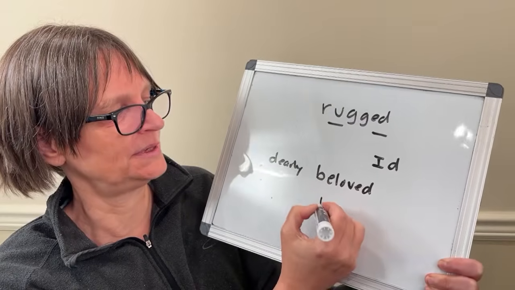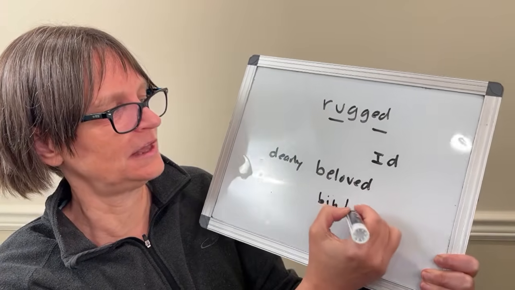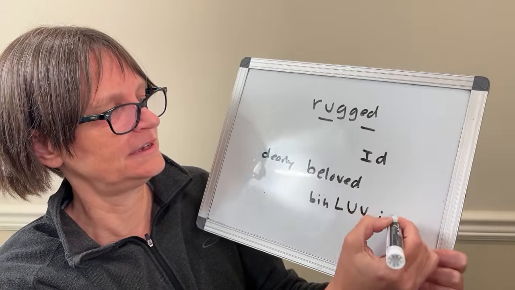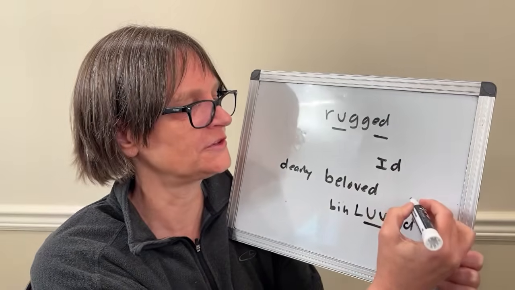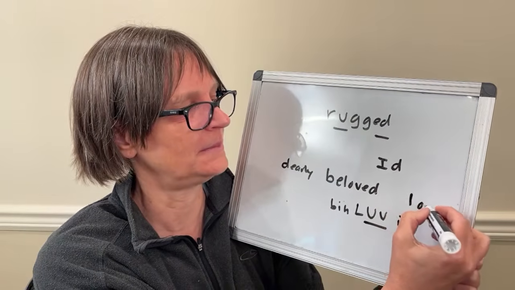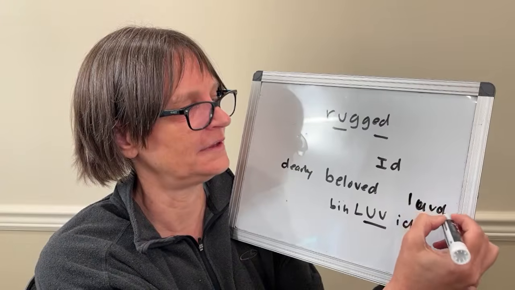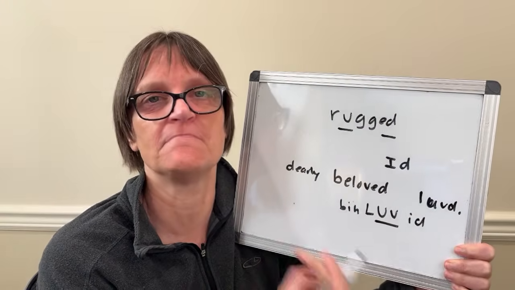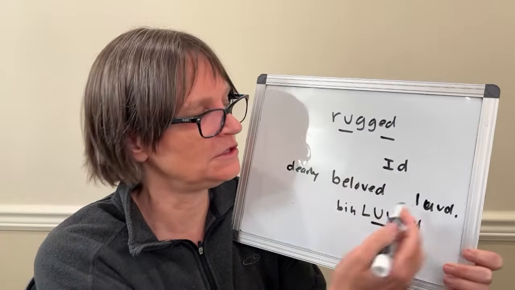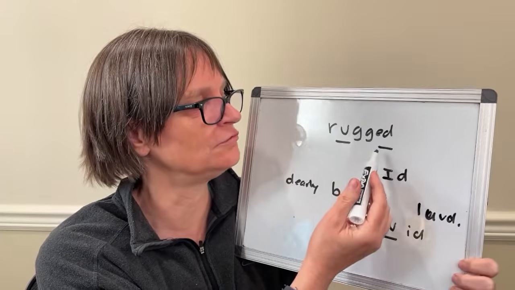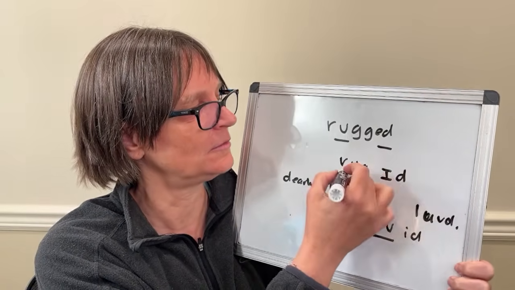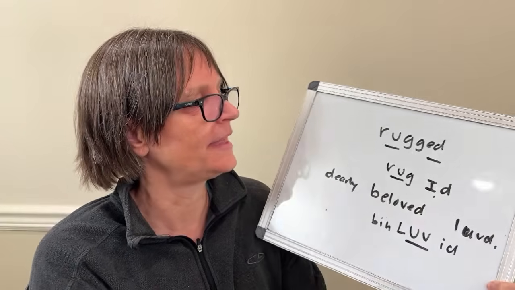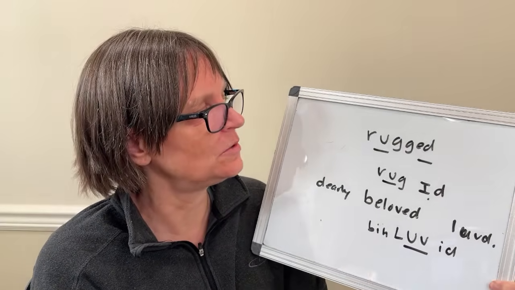So that's be-lov-ed, a 3-syllable version. People will also say beloved, like loved. So my beloved pet. You can use both in there. I don't think you can do that with rugged. Rugged is always going to be rugged. And yeah, I'm not sure why that is.